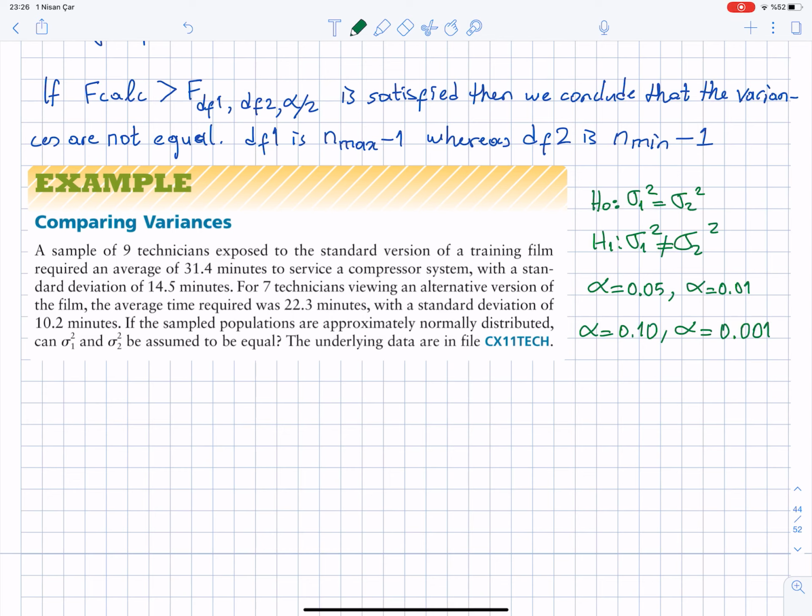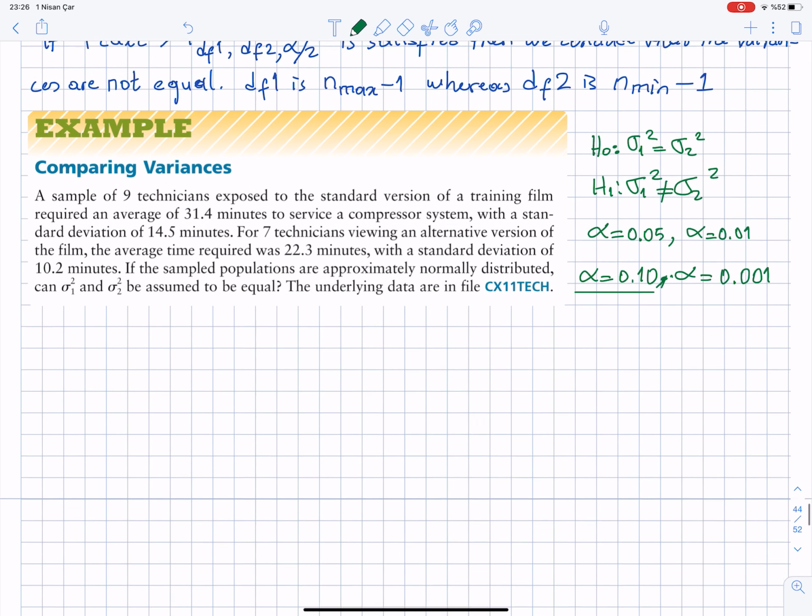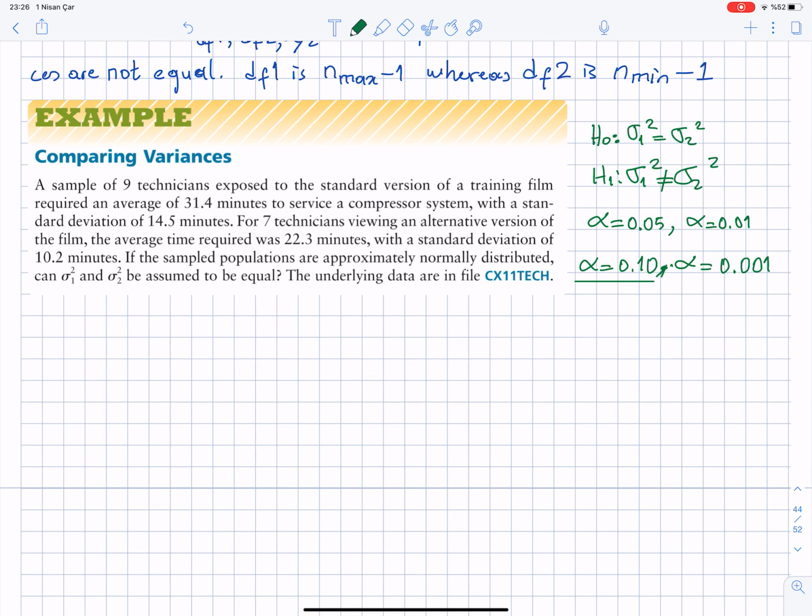If you split alpha in half, I don't have the table value for 0.025. This is tough. But if you use an alpha level of 0.10, you can split it in half to get 0.05. This is the problem with this test statistic, because you don't have all the table values. It is very difficult. You need many of them to check whether the test statistic is significant.